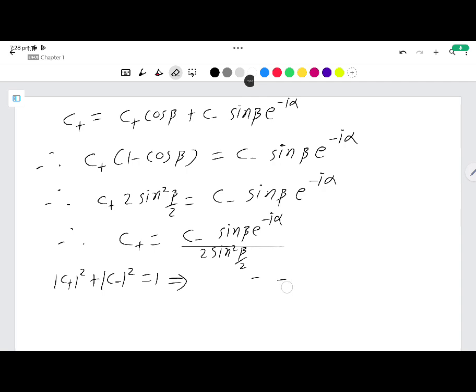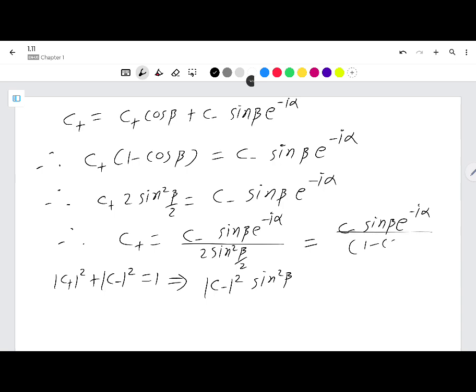We can just directly plug in the value of C plus mod square here, which will give me C minus mod square times sine square beta. I think it would be better if we keep this as 1 minus cos beta.